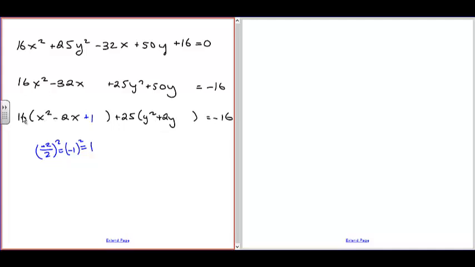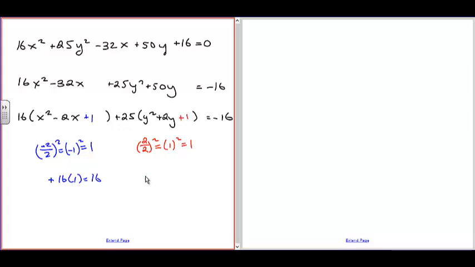Now we're adding 1 inside the parentheses, but we're actually adding 16. 16 times 1, which is 16. Now over here the same thing happens, except you got plus 2. So you take plus 2 divided by 2 squared, which is 1 squared, which is 1. So again, we add 1.